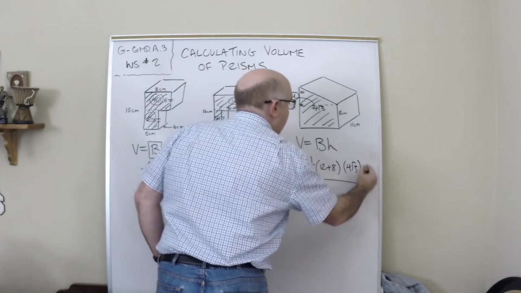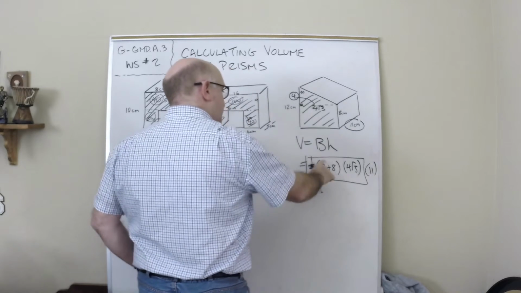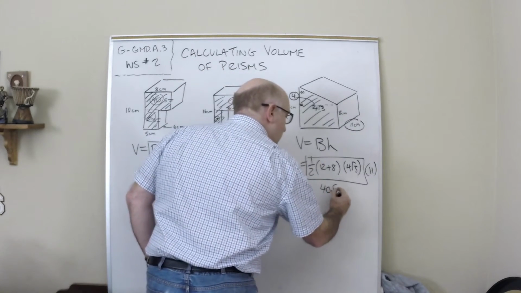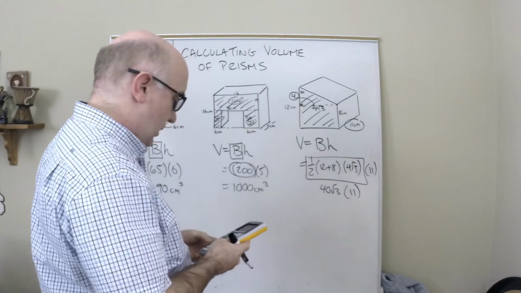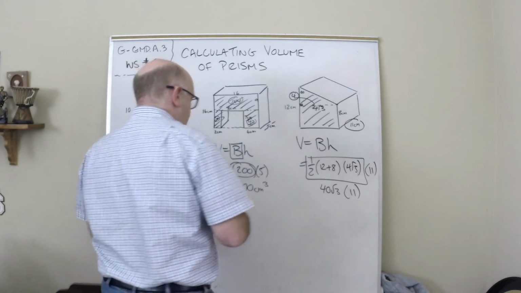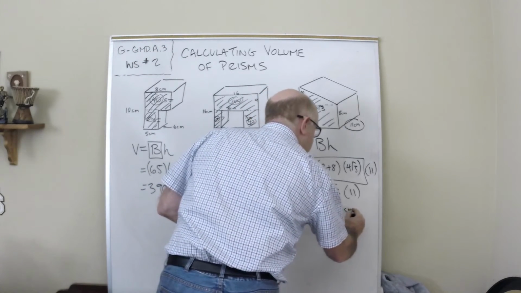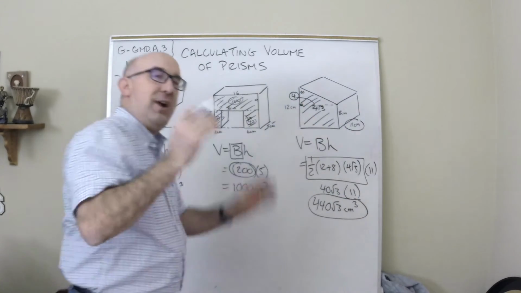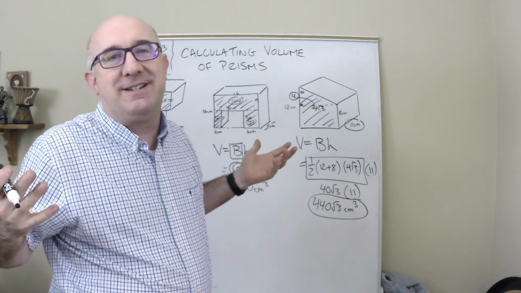That would be the area of one base, and then multiply that by 11. So this is 20 divided by 2 is 10. This is 40 root 3 times 11. And then 40 times 11 root 3 is 440 root 3 centimeters cubed. So I was going to do that as a triangle and a rectangle, add them together, but that's what the trapezoid formula does anyways.